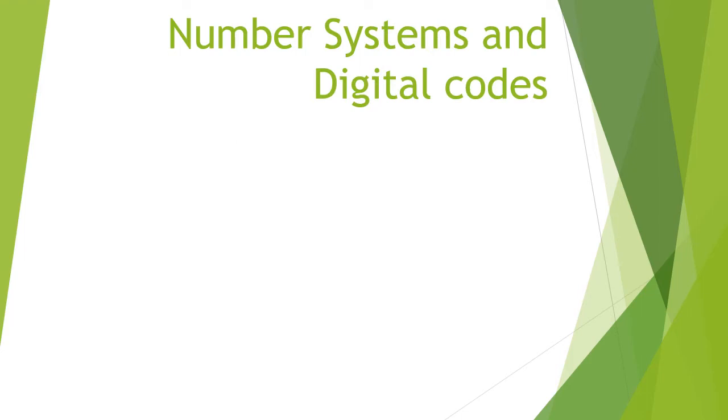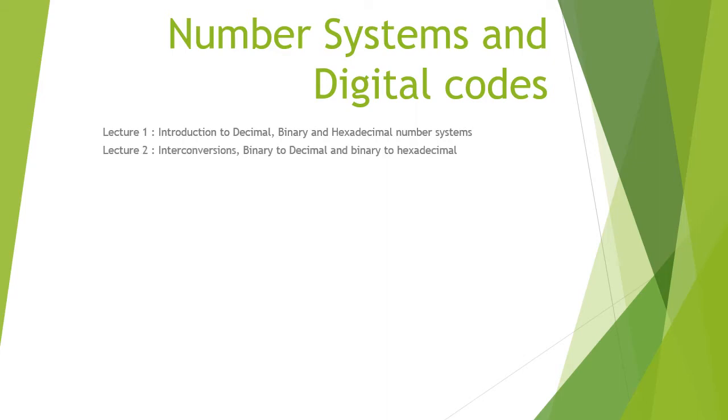So we are discussing the topic number system and digital codes, and we have already discussed the first lecture, which is the introduction of the number systems. Then we have seen the interconversion, that is, we have converted binary numbers to decimal and binary numbers to hexadecimal numbers.